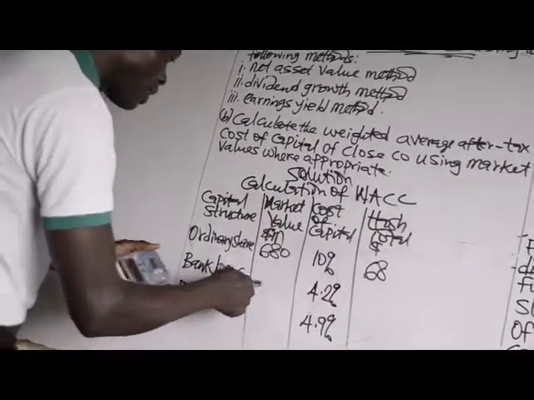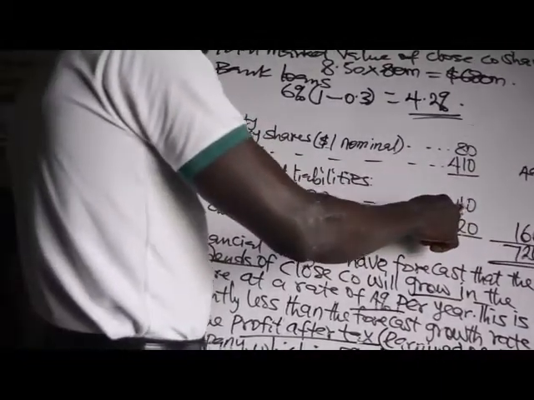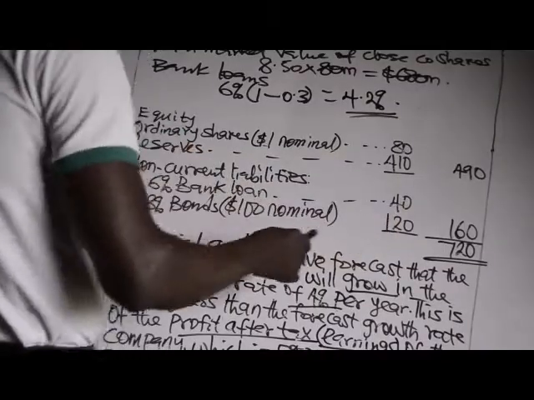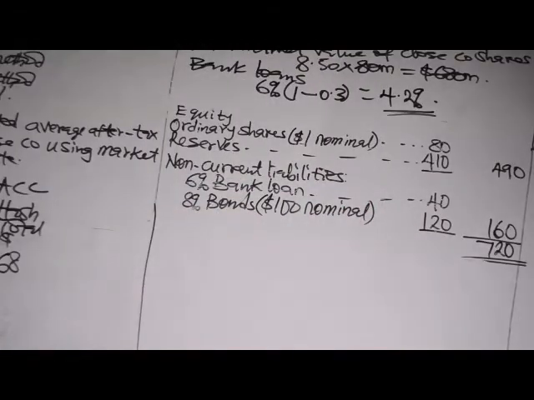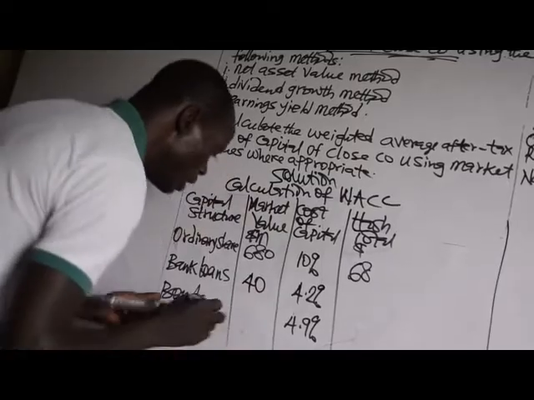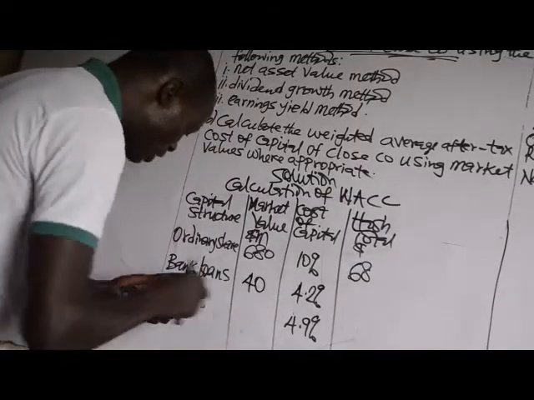What is the market value of the bank loan? Since you were not given any further information about the bank loans, the value as per the statement of financial position, which is the carrying amount, will be used, which is $40 million. So we have the market value. We are using the book value in lieu of the market value. 4.2% of 40 million.